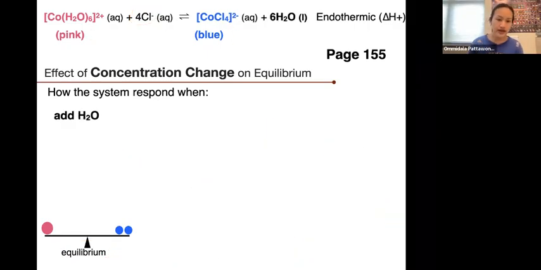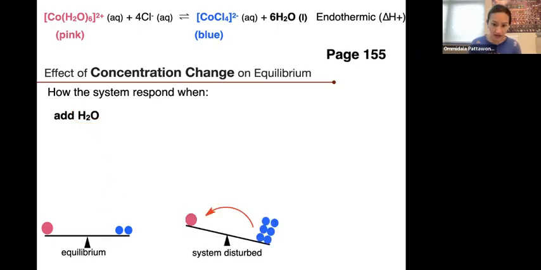The next disturbance is adding water. When you add water, we can see that water is part of the products. Water is being added to the equilibrium, so you end up with more of the product. In order to minimize the amount of product, the product would need to decrease in order to produce more of the reactant. So in this case, the added water is going to react with the cobalt chloride in order to produce more of the reactant.